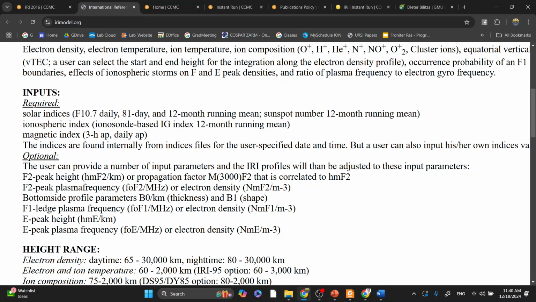But in many of these models, the inputs that are required are generally the basic parameters like F10.7, like daily. They can use a smoothed version of the solar index F10.7, like 81 days, and 12-month running mean.